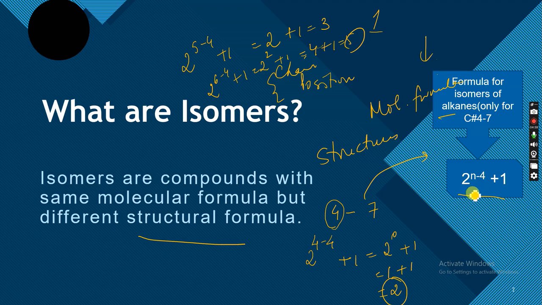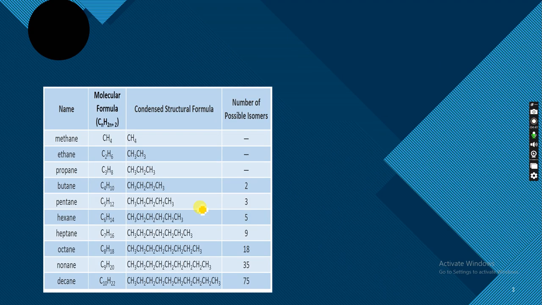After heptane, if there are 8 carbons, you will have 18 isomers. Till heptane you use 2 to the power n minus 4, plus 1. For octane, that is 8 carbons, you use 2 to the power n minus 4, but instead of plus 1, you'll use plus 2.